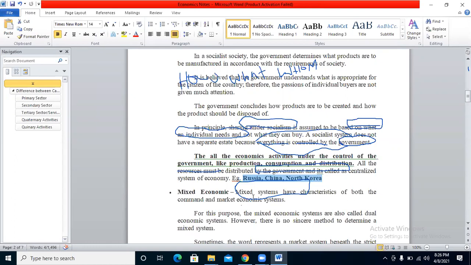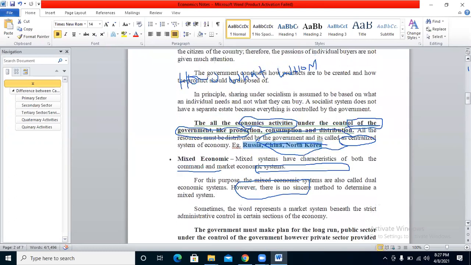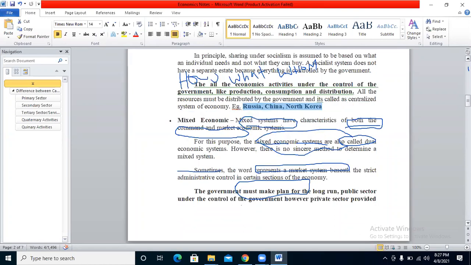The socialist economy can be called a command economy because the government is commanding the whole economy, and the capitalist economy is the market economy because the market decides what it wants. The mixed economy system is called the dual economic system, where both capitalist as well as socialist economic phenomena have been introduced.